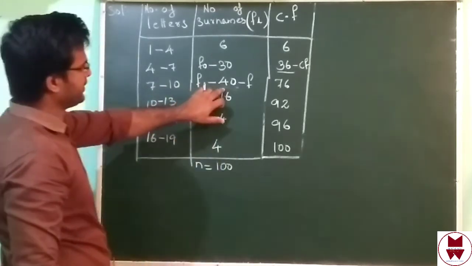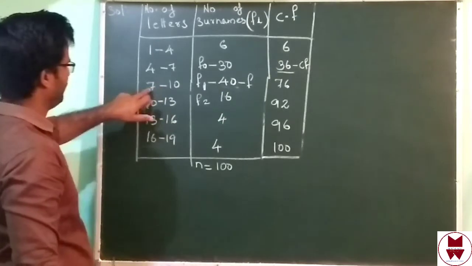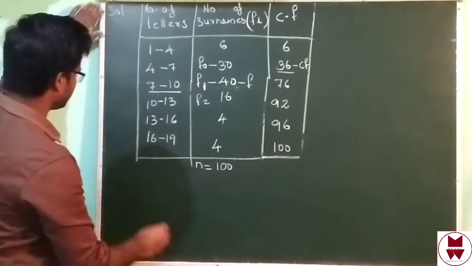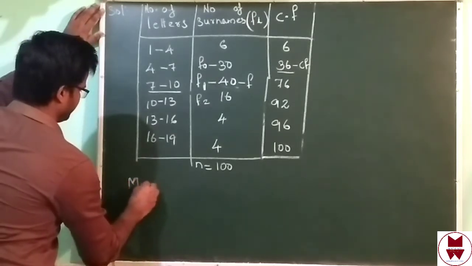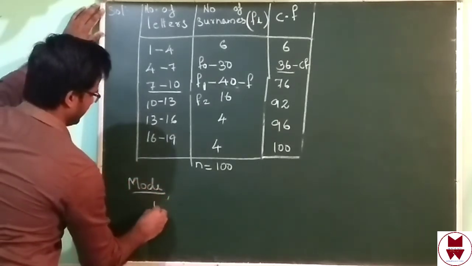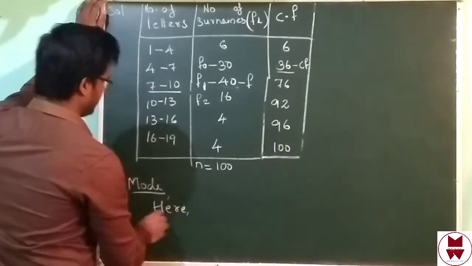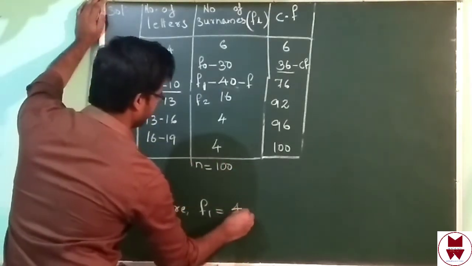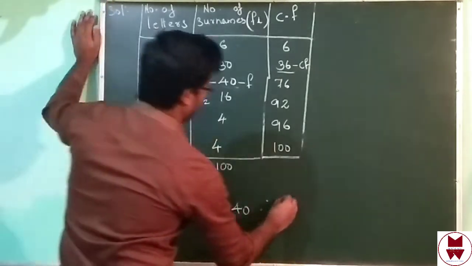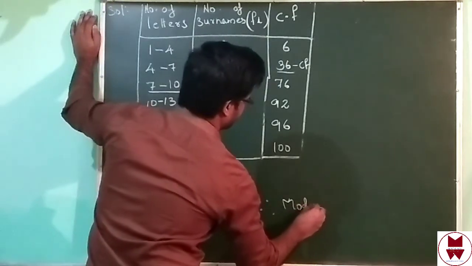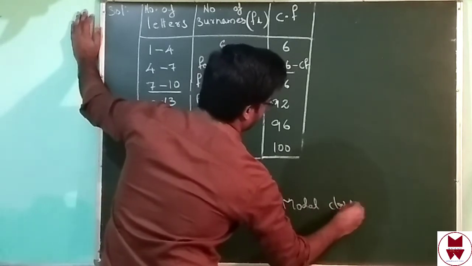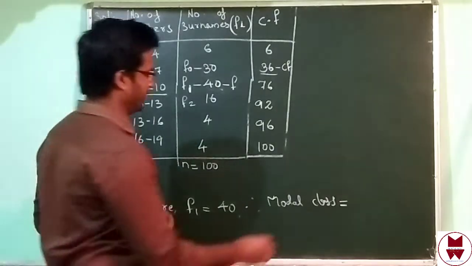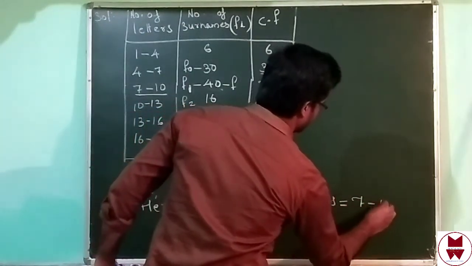In here the highest frequency is 40. That's why the modal class will be 7 to 10. Mode. Here F1 highest frequency, that is 40. Therefore the modal class here is 7 to 10.